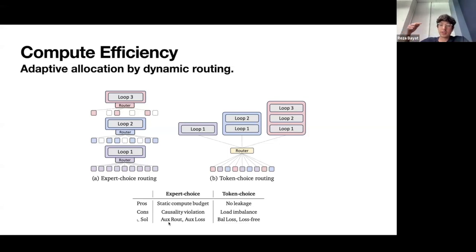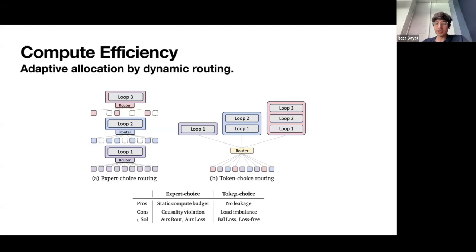When we want to predict the next token, that router tells us how many recursions we should spend. Another approach to solve the causality issue is having an auxiliary loss, a binary cross entropy loss for the router to mimic the behavior of the auxiliary router at the same time. And again, a spoiler alert, expert choice routing plus auxiliary loss works the best, and it's very straightforward.